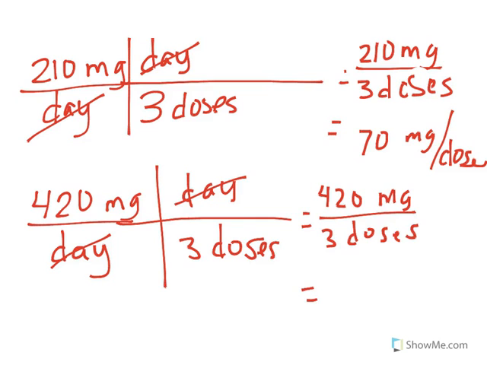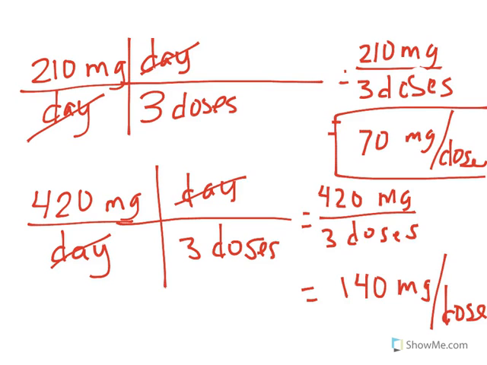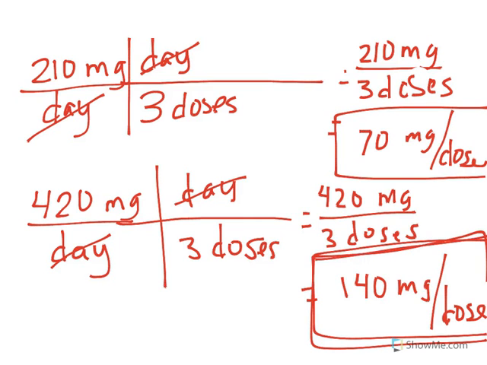And I divide the top by the bottom. What I find is I have 2 safety ranges. I have my safety range per day, and I have my safety range per dose.